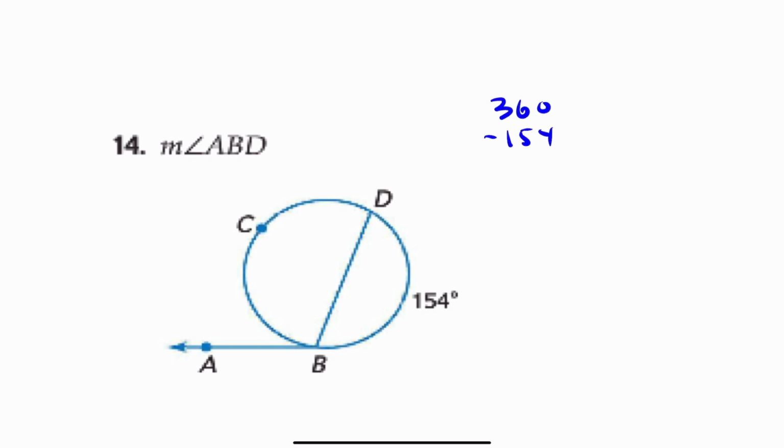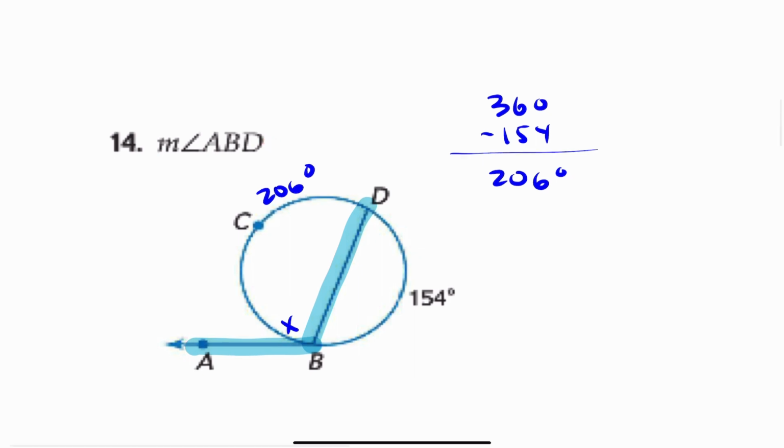So 360 minus 154, that's 206 degrees, okay? So this here is 206 degrees. So great, how do I figure out measure angle ABD? To figure out this angle here, it's 1/2 of 206. Okay, that's the answer.